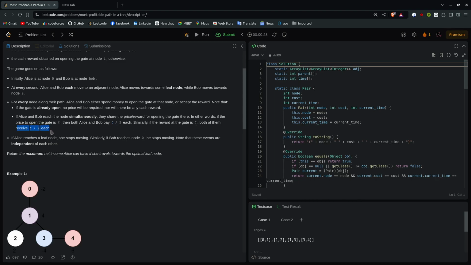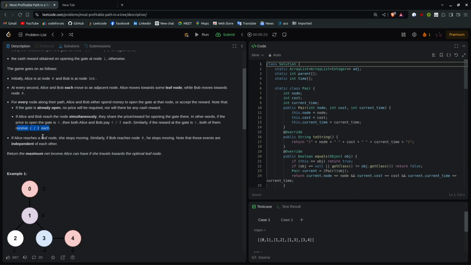So if amount[i] is negative, then both of them need to pay amount[i] divided by 2 in order to open that gate. And if the amount is positive, that means both of them will get amount[i] divided by 2 as cash reward.